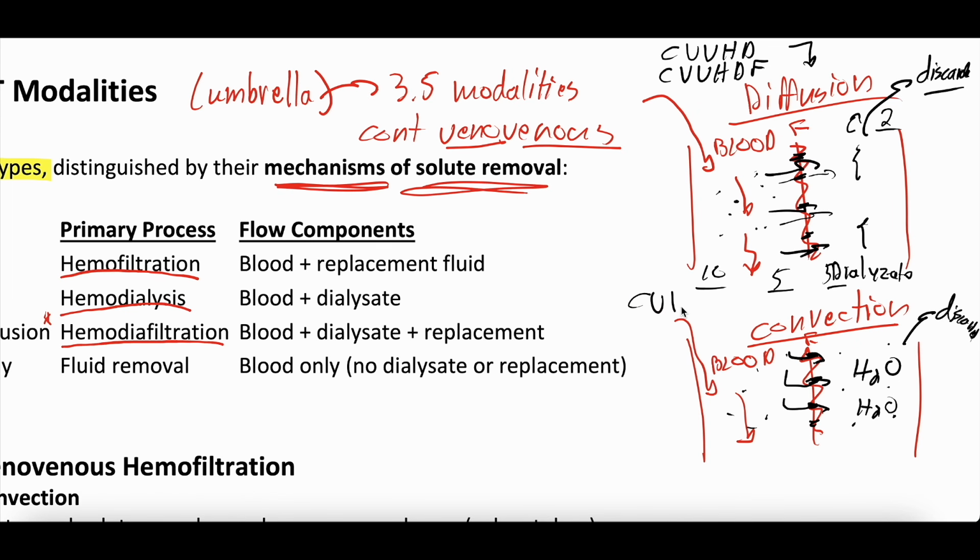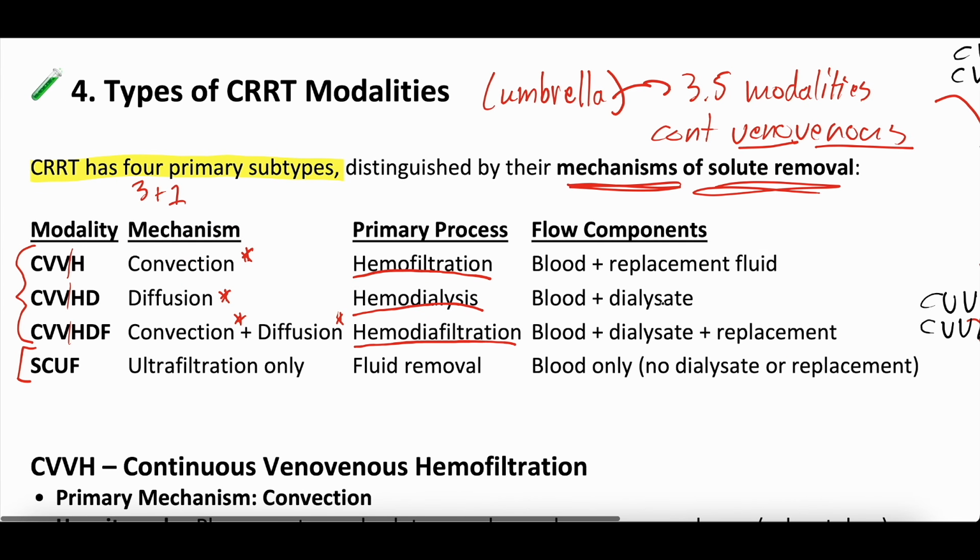So this is for CVVH, continuous veno-venous hemofiltration, and CVVHDF, right? HDF is hemodiafiltration. So the filtration portion of that is all convection, okay? So that's going to come into play a little bit more when we dive into each one of these different CRRT modalities.